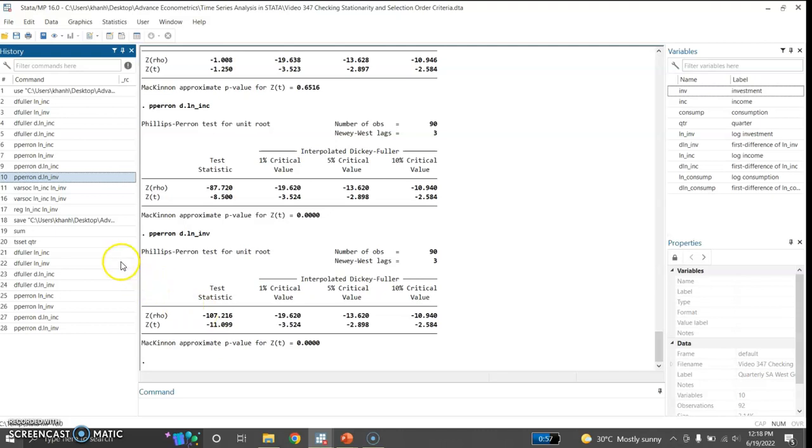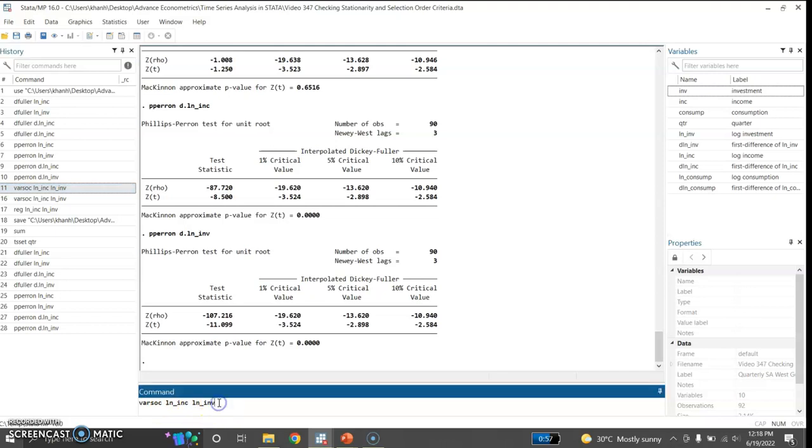After this, I would like to check the selection order criteria for both the variables. So I am using this command VARSOC, that is variable selection order criteria, and I listed the two variables, that is natural log of income and natural log of investment.